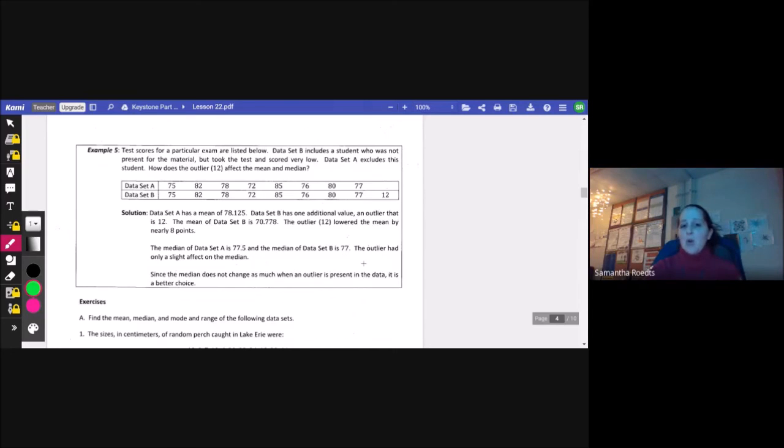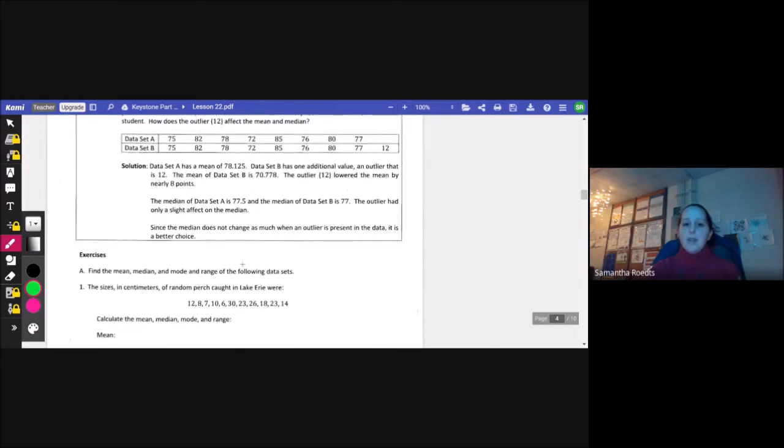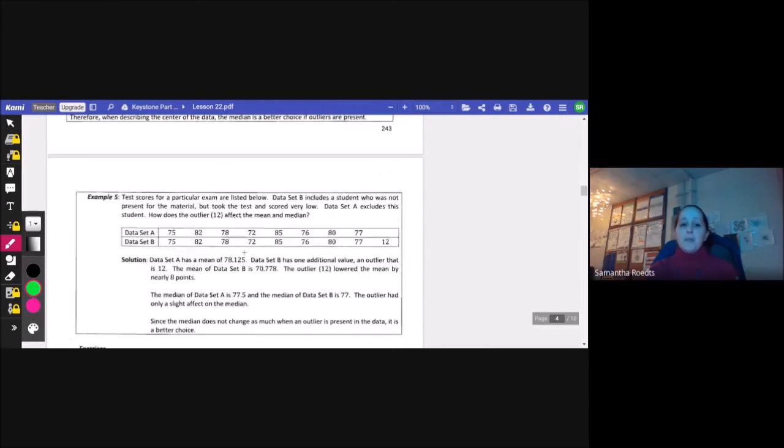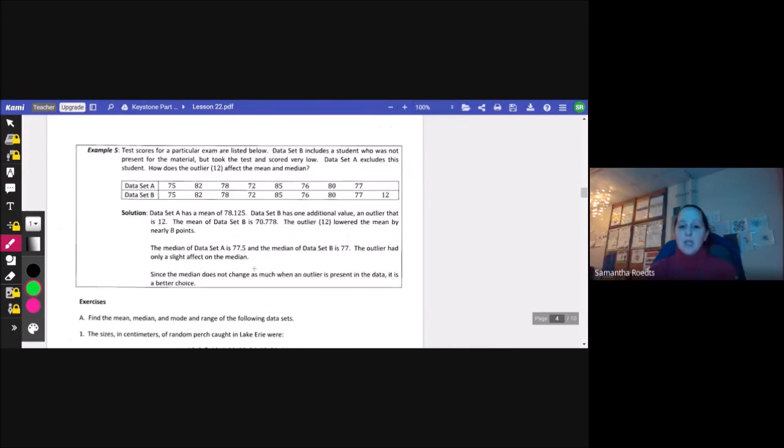The outlier had only a slight effect on the median, the middle number. Okay. Since the median does not change as much when an outlier is present in the data, it is a better choice to give you some information about this exam. So the median score, the middle score was about 77.5, which is actually a decent score.